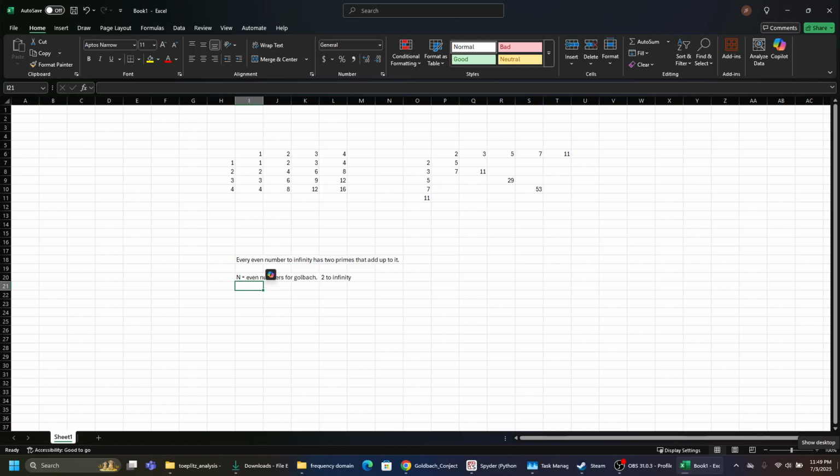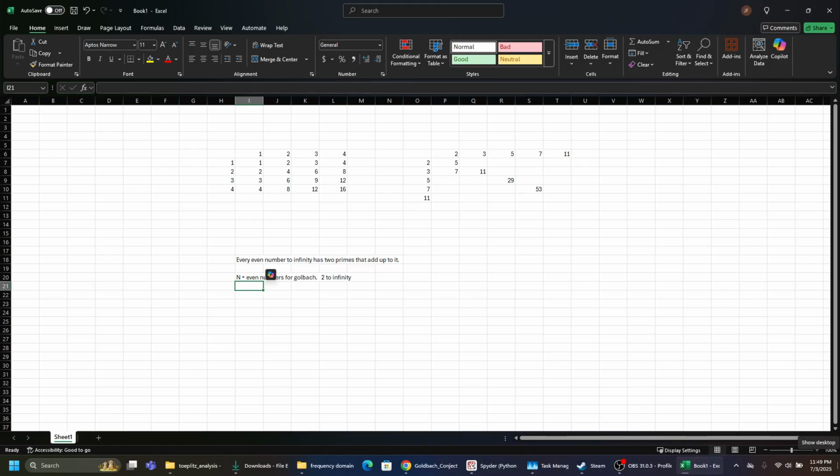On the infinity part, you're going to have to bear with me, because mathematicians have a very strict bounding proof that they require, and I did not prove it to infinity yet. I'm trying to figure out how to do that, and you'll see that when I get into this.